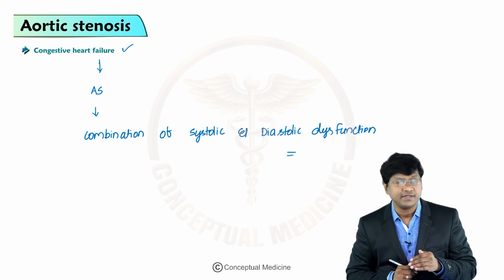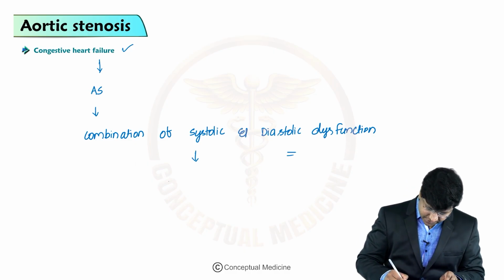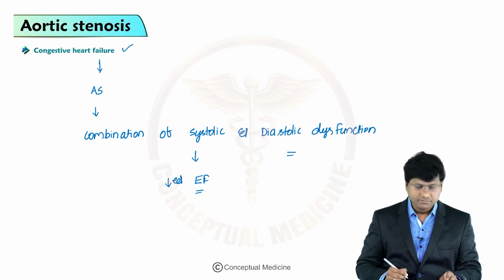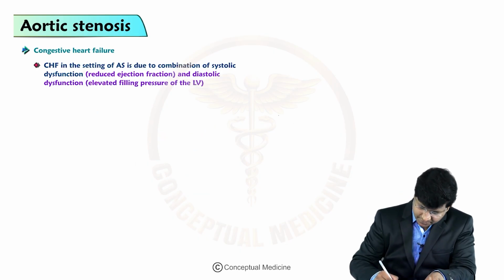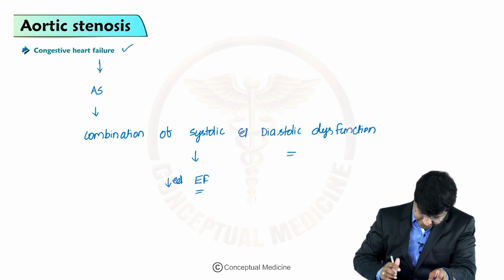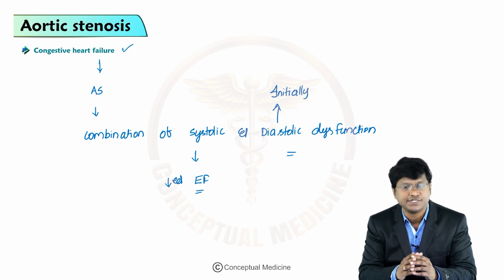Now, why do we consider systolic dysfunction? Because at one point of time there will be reduced ejection fraction. See, initially it will be diastolic dysfunction only. Why are you considering it as diastolic dysfunction initially?